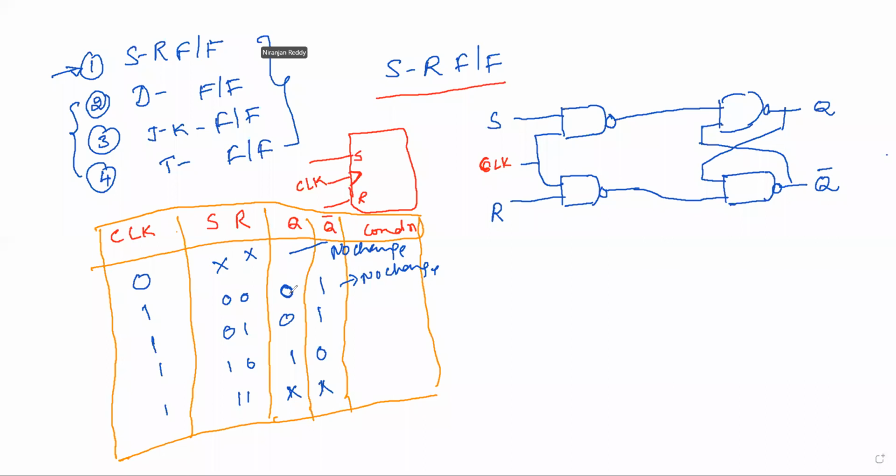Instead, if I consider Q is equal to 1 and Q bar is 0, then analyze the circuit, again the output you get is Q is equal to 1 and Q bar is equal to 0. So whatever you consider, you are getting at the output. That is what a no change condition is. And this is reset. This is set. And this is the invalid state.